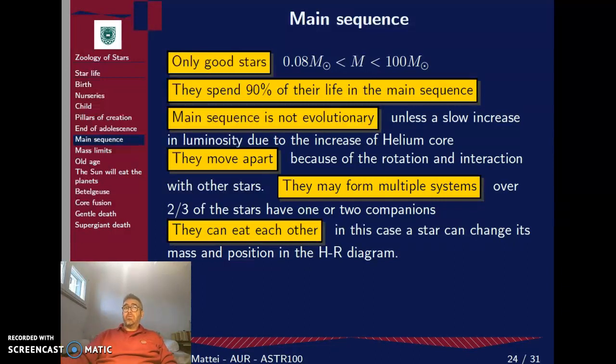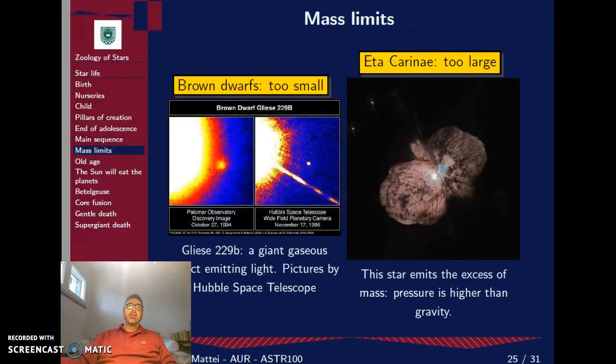They can interact with other stars, and so somehow they move apart and they may form multiple systems or binary stars, as we have seen before. 2/3 of the stars have one or two companions, so this means that most of the stars live together in some sense. And at a given moment, they can interact with each other in a way that one of them will eat the other one. And we'll see that in a later class.